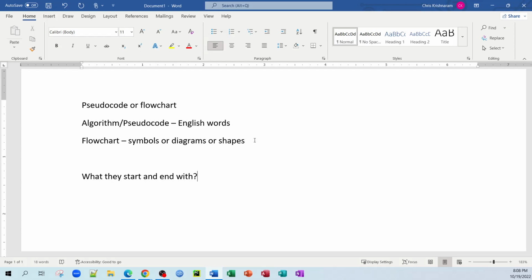An algorithm, a flowchart, a pseudocode, what should they all start and end with? Header.